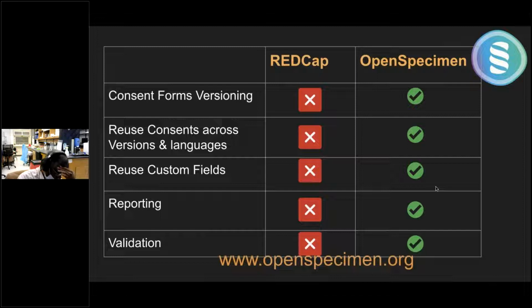Suppose there is a consent that says, do not use my specimens for external research or commercial research or pharma research. Now you cannot put validations in the system saying that if the patient has said no, then do not give it outside the institute.